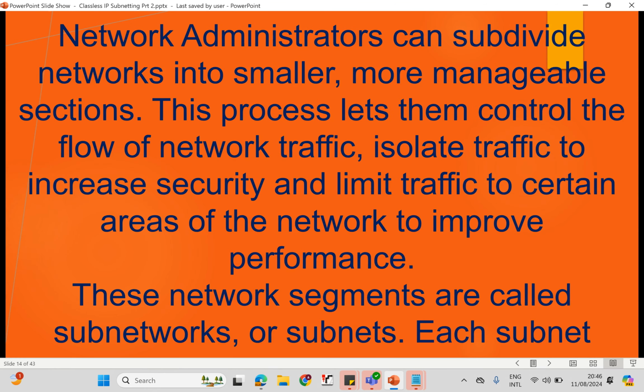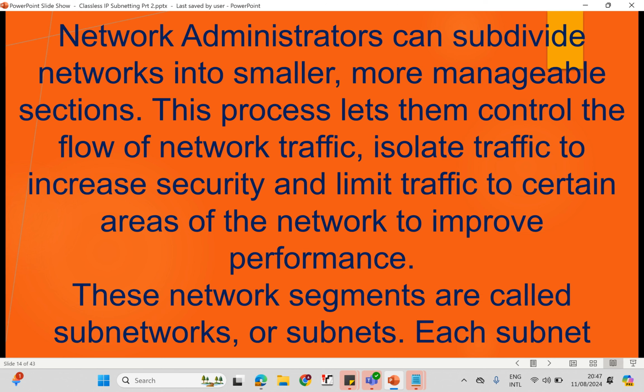Network administrators can subdivide networks into smaller, more manageable sections. This process lets them control the flow of network traffic, isolate traffic to increase security, and limit traffic to certain areas of the network to improve performance. So why do we really need subnetting, or what brought about classless IP addressing or IP subnetting?